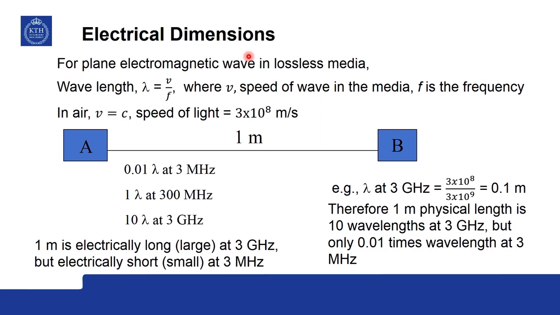For example, for a plane electromagnetic wave in a lossless media, we have the wavelength given by the speed divided by the frequency. So, speed of the wave in the media and frequency in hertz.